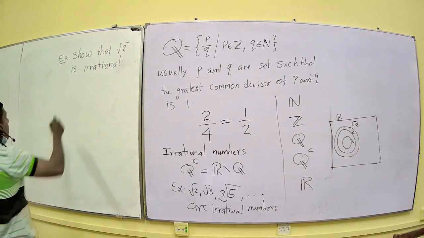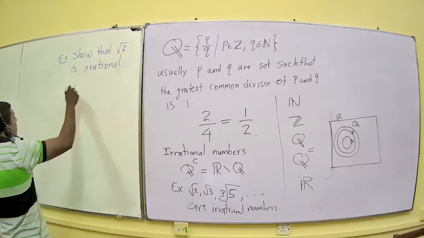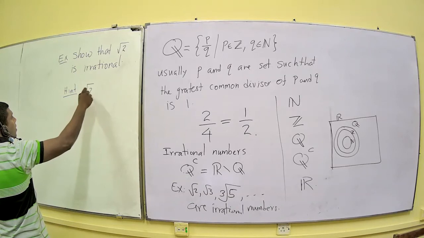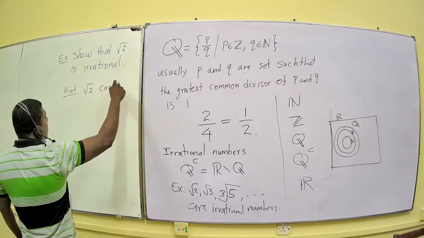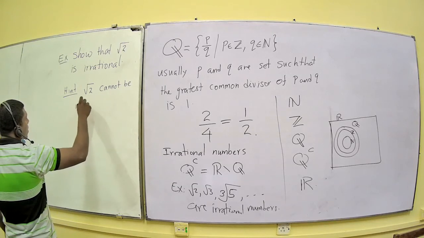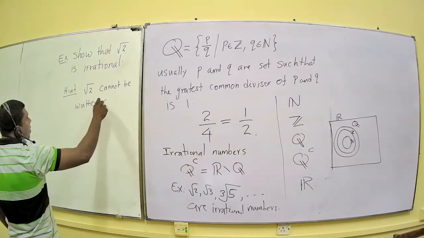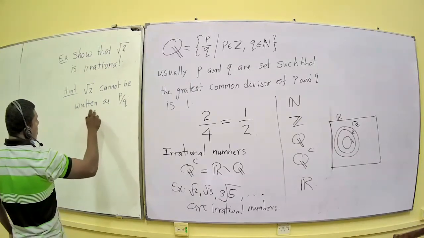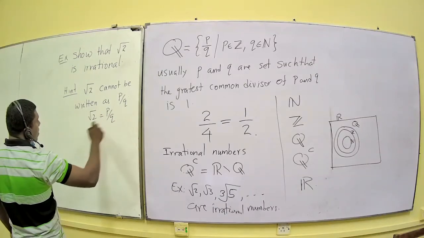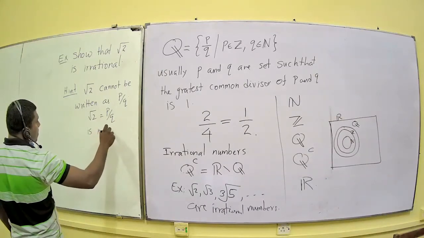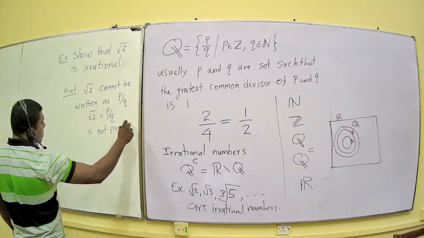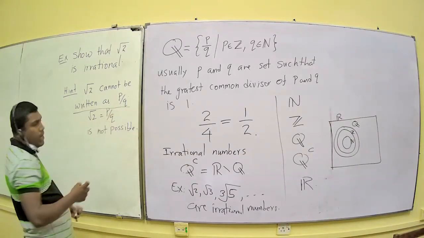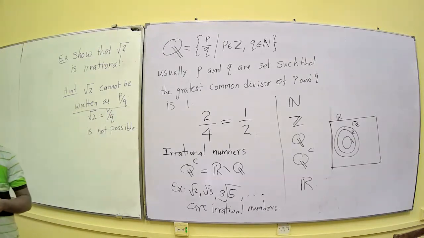I will give you a hint. What you have to do is show that you cannot write square root of 2 as a fraction p over q.